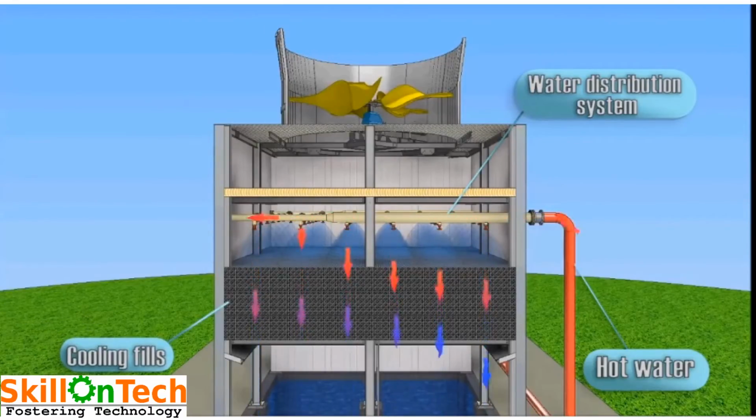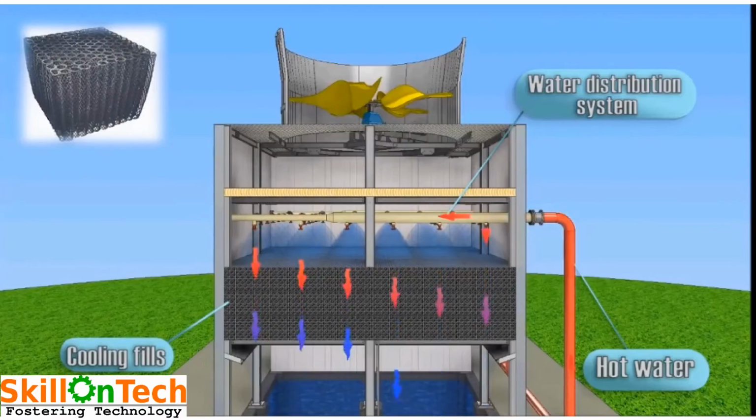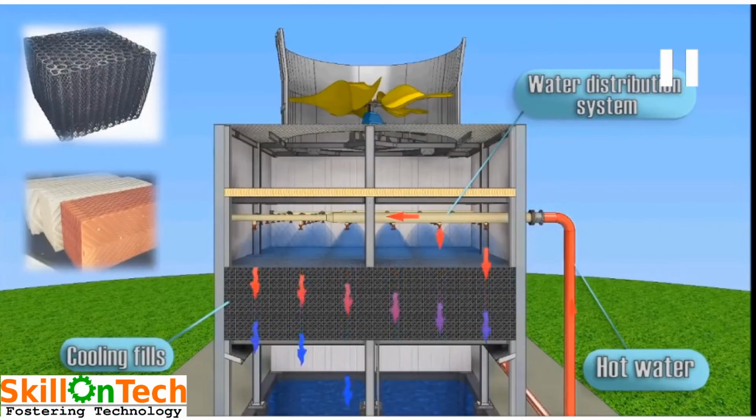So this system goes continuously on. Here you can see these are the PVC fills which are shown, and they are available in different colors. And the surface area of these PVC fills is increased by making them in corrugated sections.